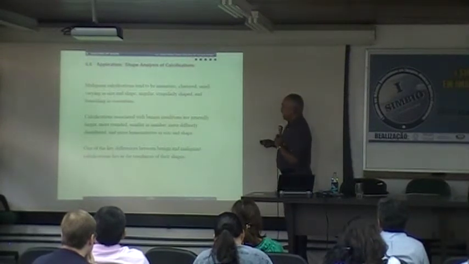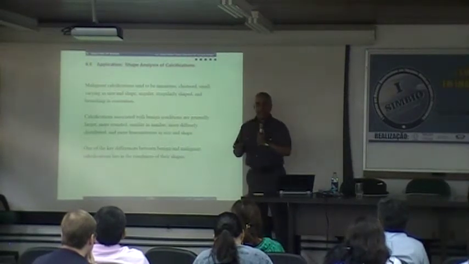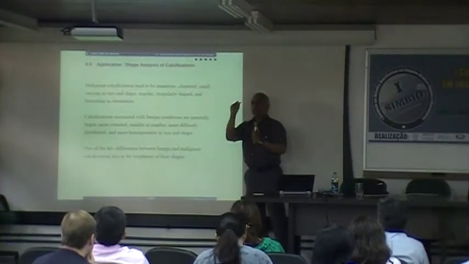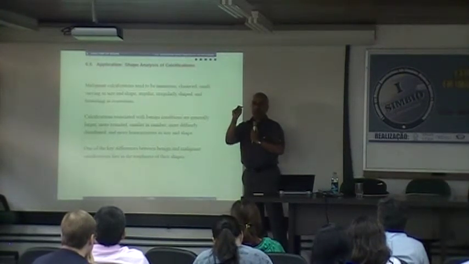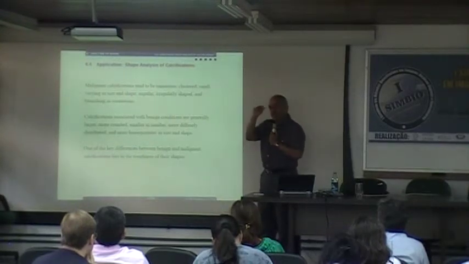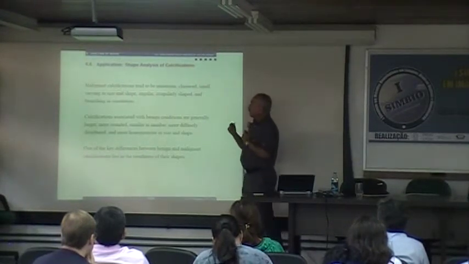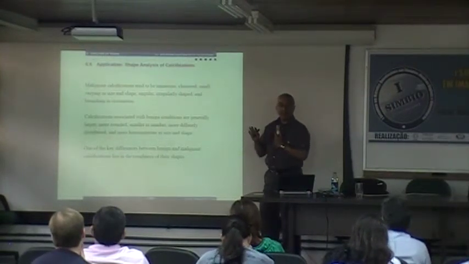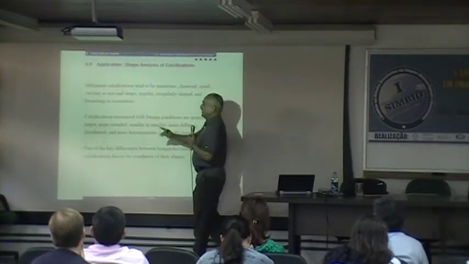Shape analysis of calcifications. Malignant calcifications usually appear in large clusters, meaning many small specks of calcium deposit within a small area, and they have rough shapes. Whereas calcifications associated with benign conditions are generally large and round. I don't understand this.